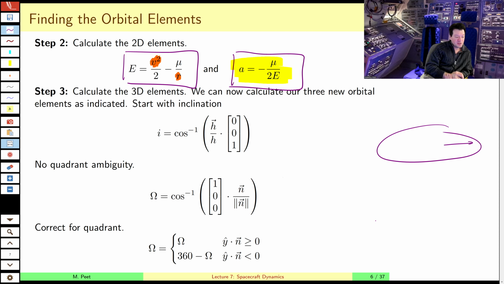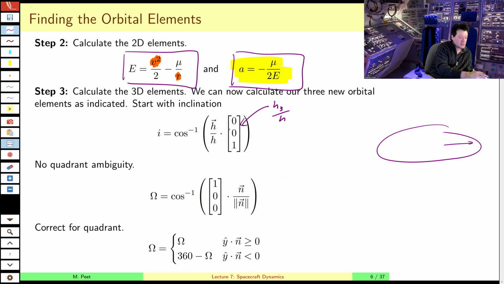Here we're going to use a lot of angle definitions, so angles to vectors, vectors to angles. In particular, we're going to use the third component of angular momentum. The rotation of that angular momentum vector gives us our inclination. So this is h3, the third component of angular momentum, divided by the magnitude of h.